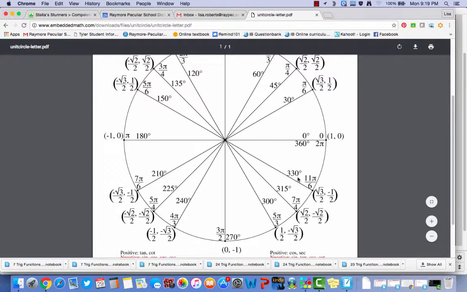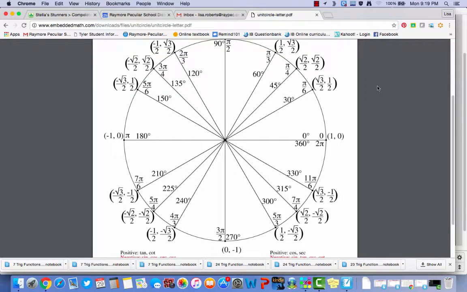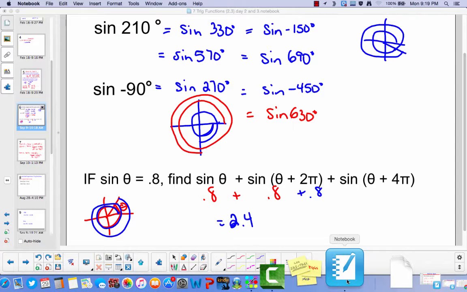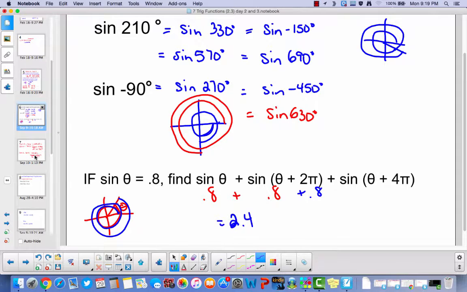So if I asked you what the period of the sine and the cosine was, the period says how long does it take to repeat itself? Well, it turns out that the period of sine and cosine is 2 pi. Every 360 degrees, sine and cosine repeat their values exactly.